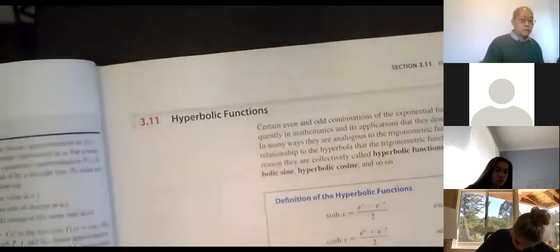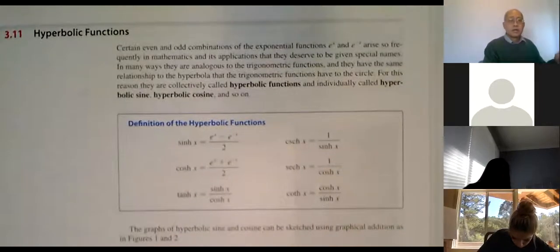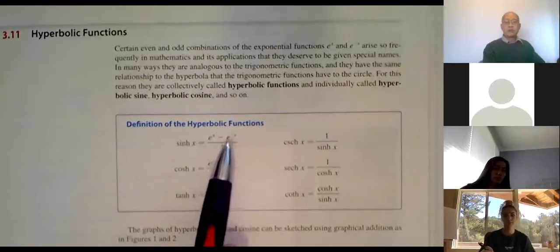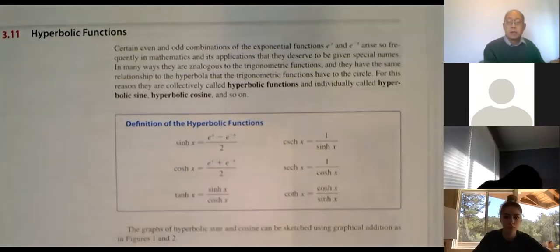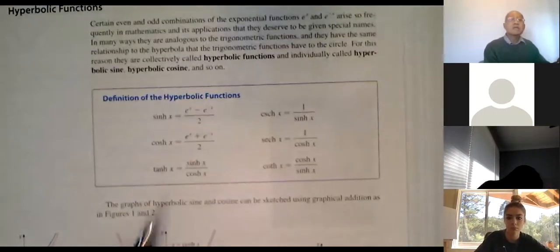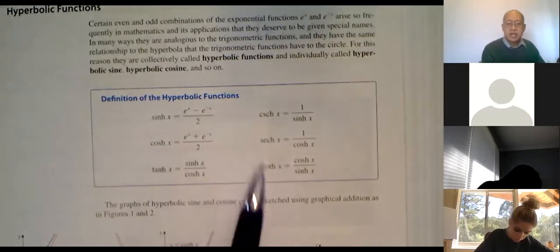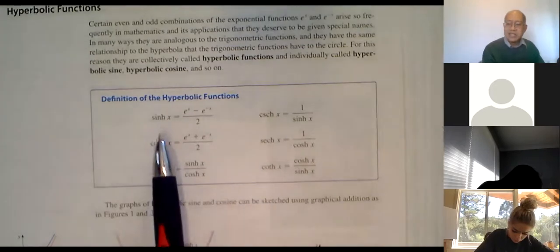3.11 is on something called hyperbolic functions. So I'll just show you what you need and the relevant pages. Okay, hyperbolic functions. Page 259. Now it looks like sine, cosine, tangent, cosecant, secant, and cotangent, but you put an H after it.